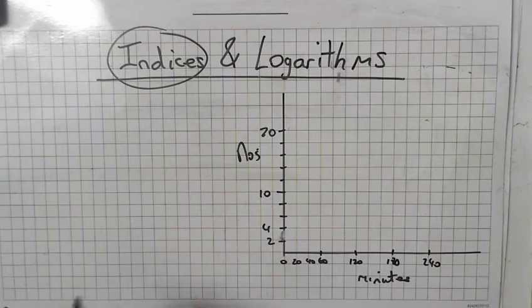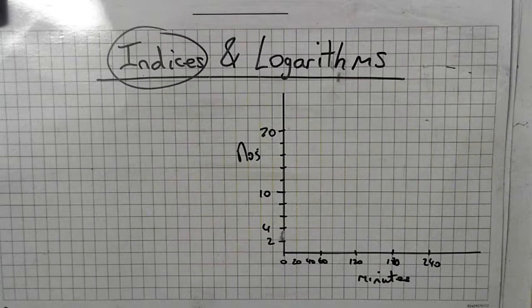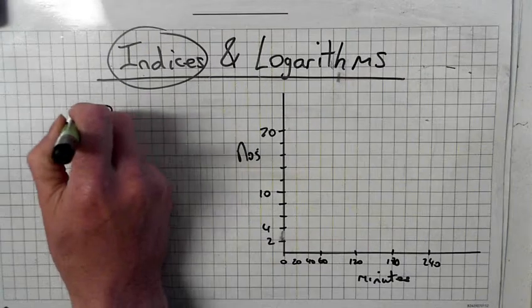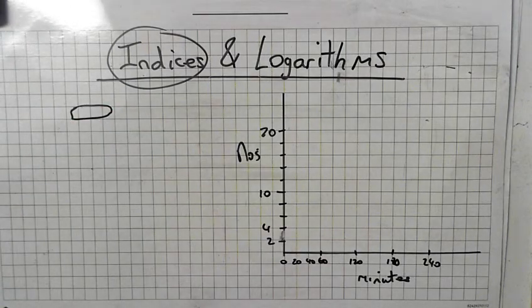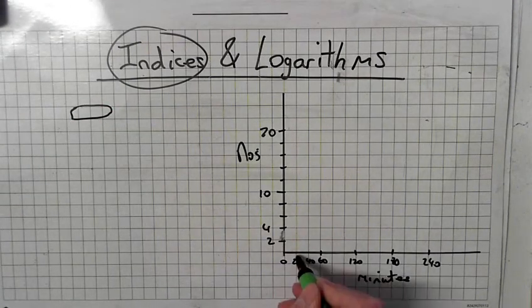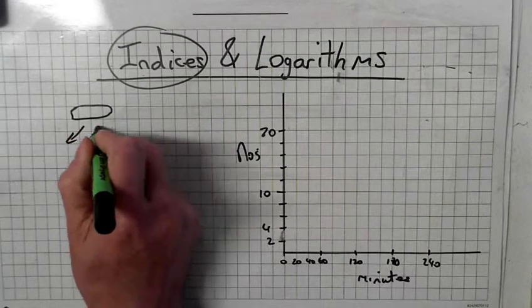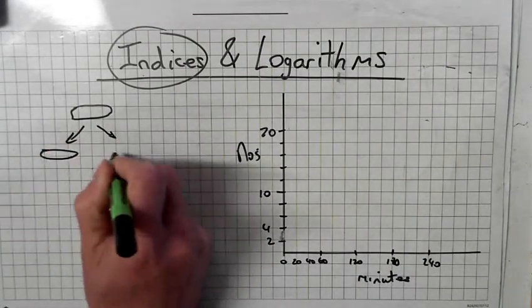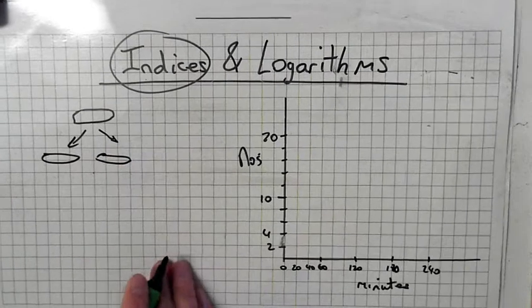Right. You can use indices to describe the growth of bacteria. So when you're getting a sore throat, this is what happens. One bacteria lands in the back of your throat. After 20 minutes, what does it do? It divides.